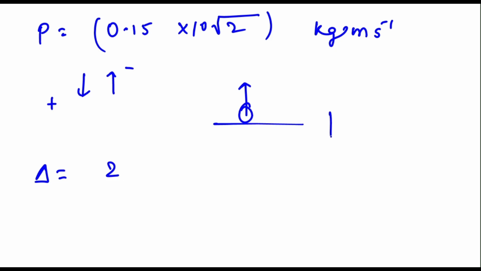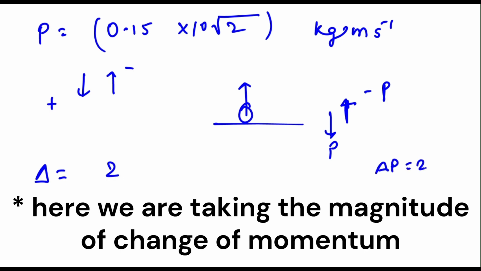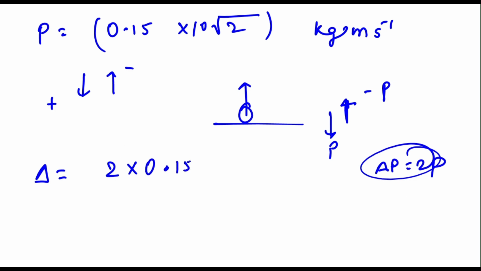Let's say along this it is p, then along this it will be minus p, and the change in momentum will be twice p. So this will be 2 times 0.1 into 10 into root 2. This is the change in momentum.